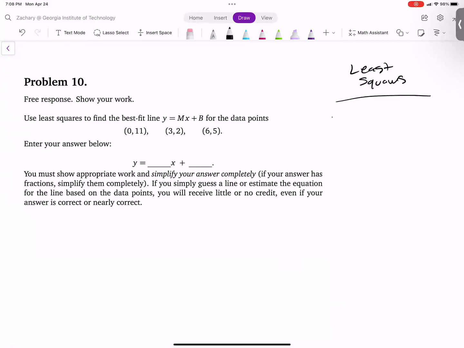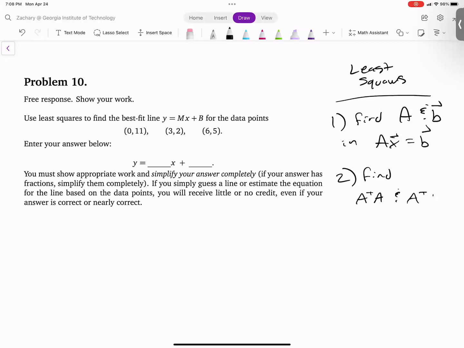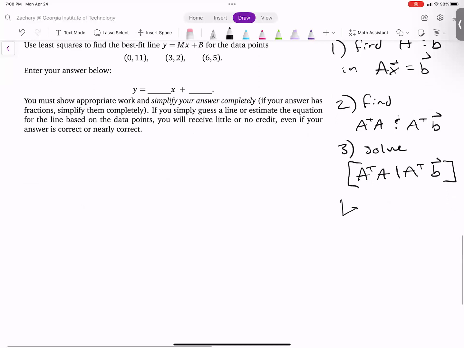Step 1 is find A and B in AX equals B. Always step 1. Step 2 is find A transpose A and A transpose B. Step 3, solve A transpose A augmented with A transpose B. And what this does is the solution.